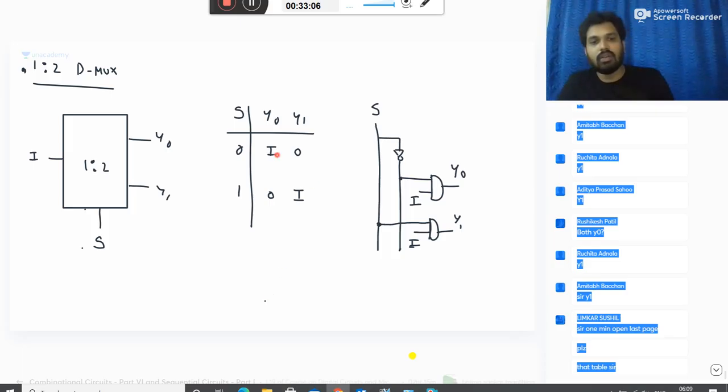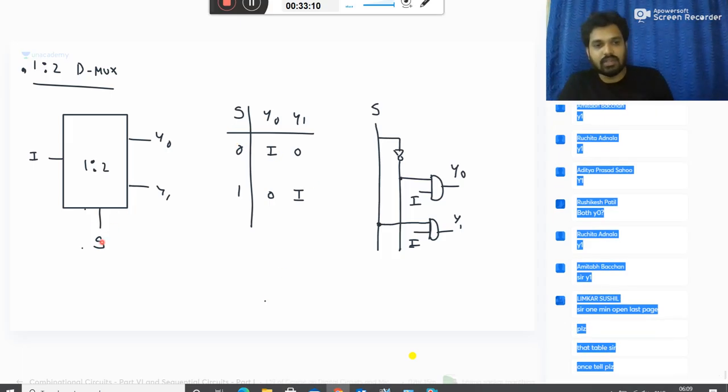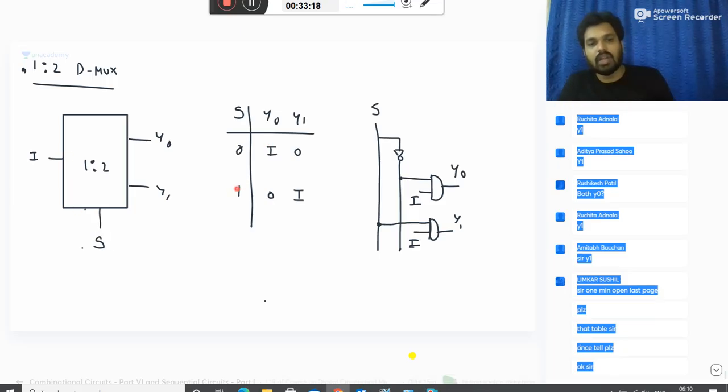What's the doubt? When the selection line S is 0, this I will come to Y0. Is it clear, Sushil? When S is 0, I will come to Y0. When S is 1, I will come to Y1. That's all. When S is 0, this will be 1, I into 1 is I. When S is 1, this will be 1 into I, Y1.